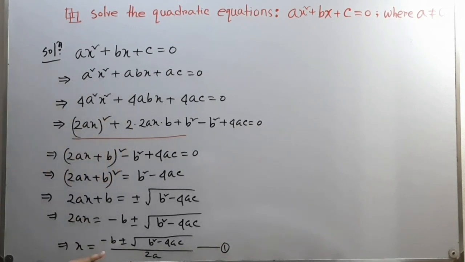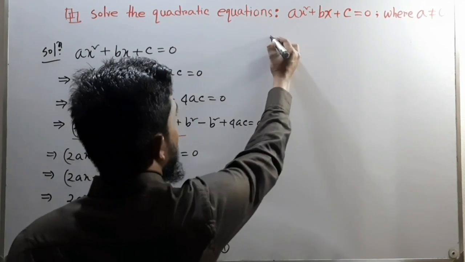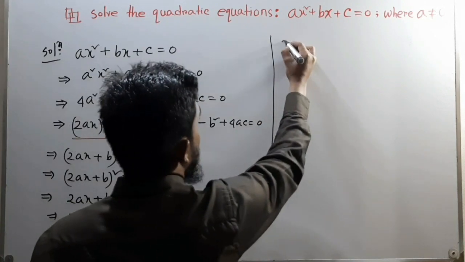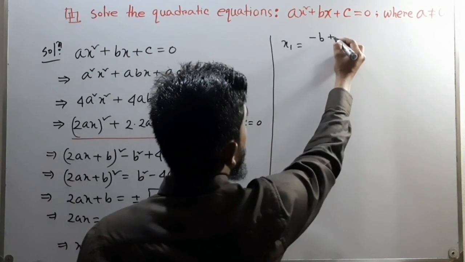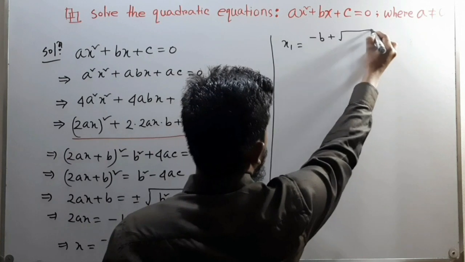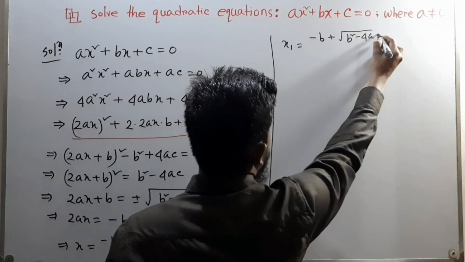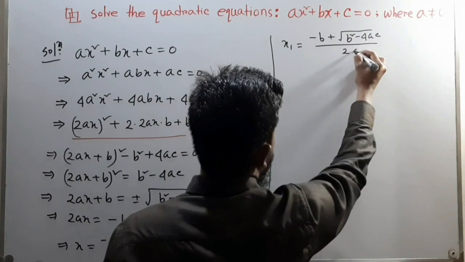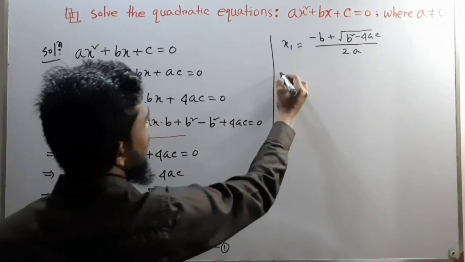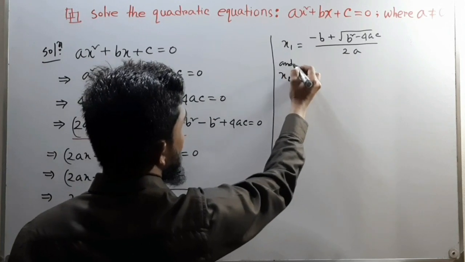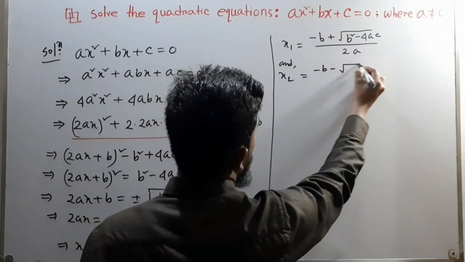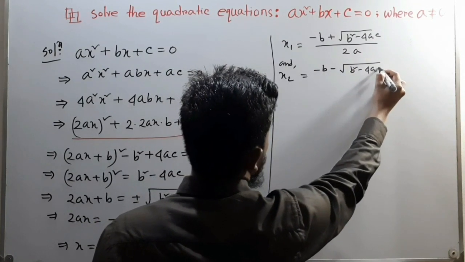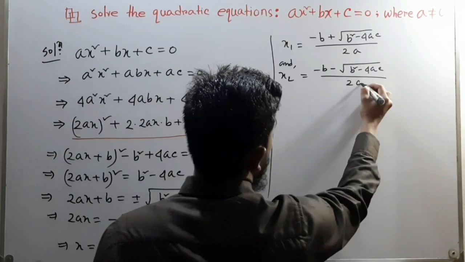Dear students, if you separate the roots from this equation, we can write x1 equal to minus b plus root over b square minus 4ac divided by 2a, and x2 equal to minus b minus root over b square minus 4ac divided by 2a.